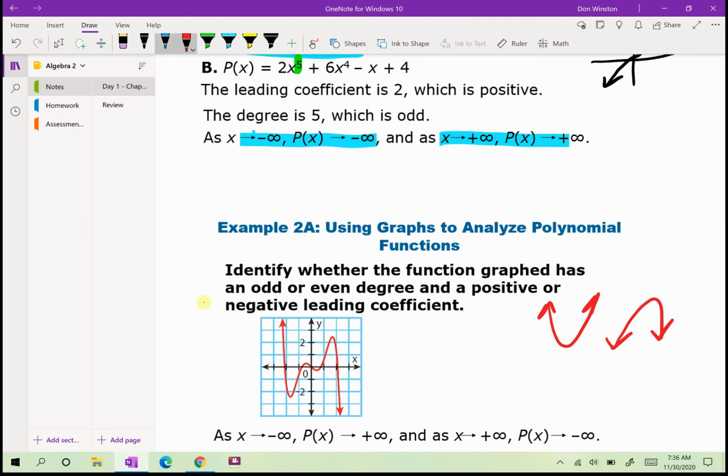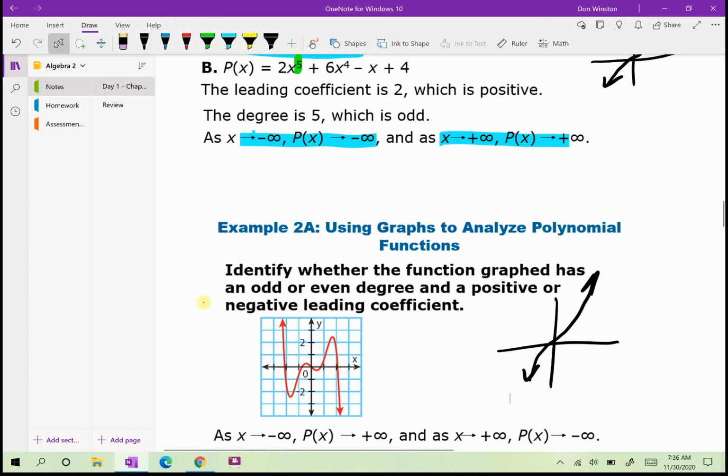So it can't be an even degree. Now let's look at odd degree. If it's odd degree and the leading coefficient is positive, it will look like that. It rises on the right and falls on the left.